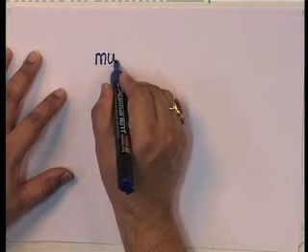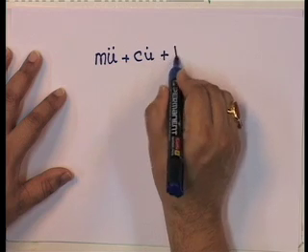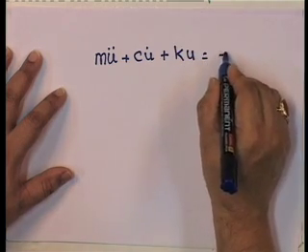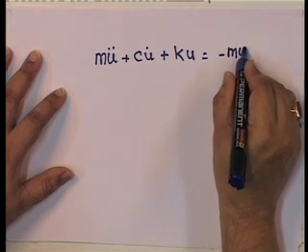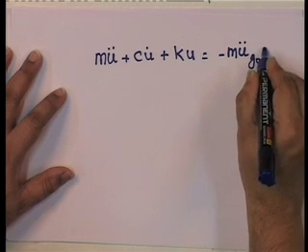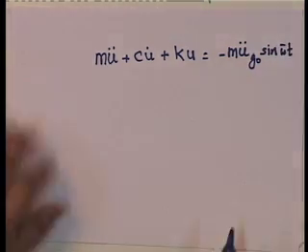Let's look at it. The equation becomes m u double dot plus Cu dot plus Ku is equal to minus m u double dot g sine omega bar t. Okay.